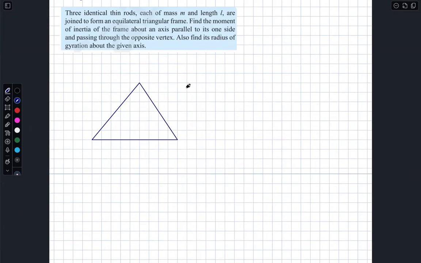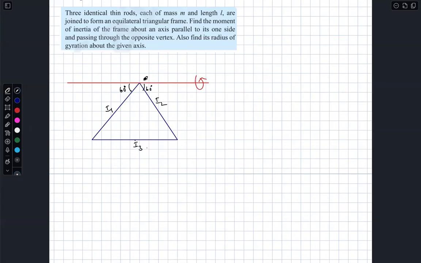This is how you have the triangle, and this is the axis of rotation. I1, I2, I3. The angles are 60 degrees, 60 degrees. Parallel axis theorem.